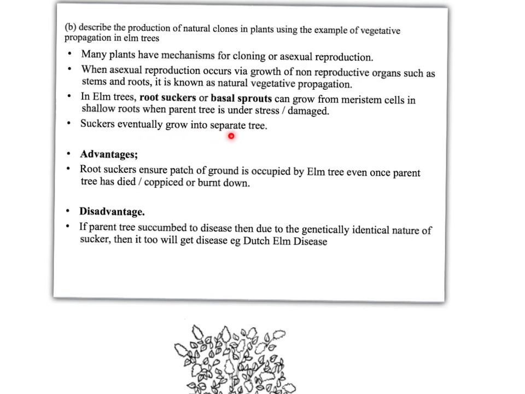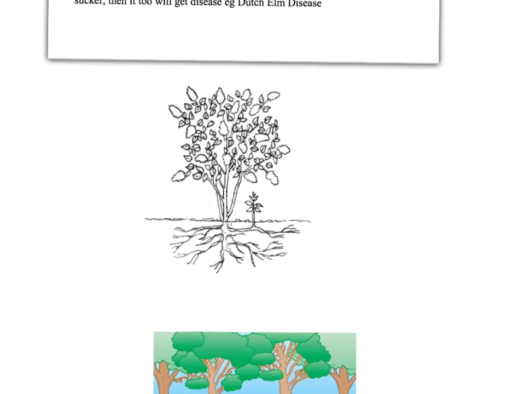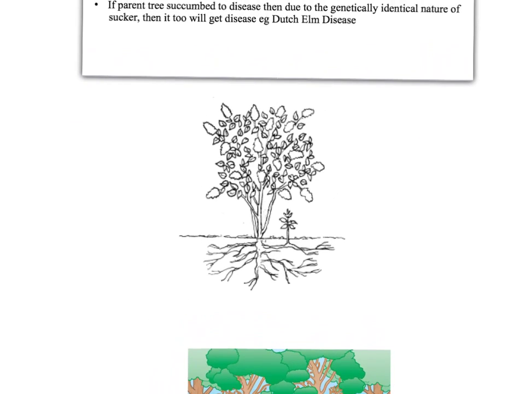So showing that diagrammatically, here is a tree of some sort, and here's a root, a shallow root, and here is a sucker growing up from that root. So it's similar-ish to the runners which grew from strawberry plants, but runners were horizontal stems that ran across the ground and then hit the ground, and then roots grew from that.